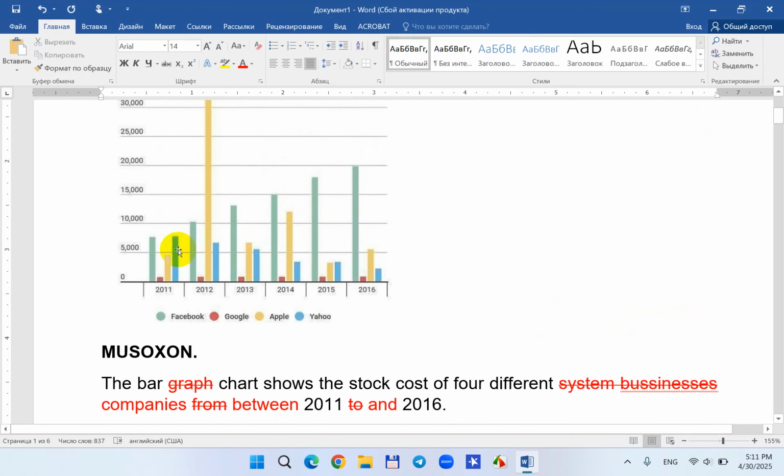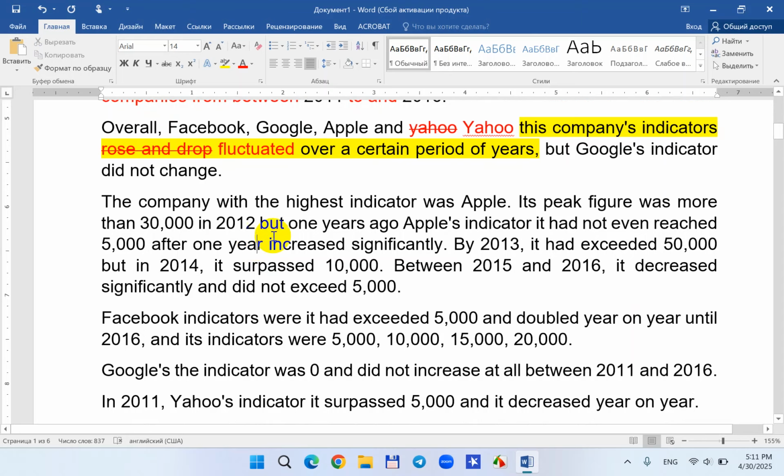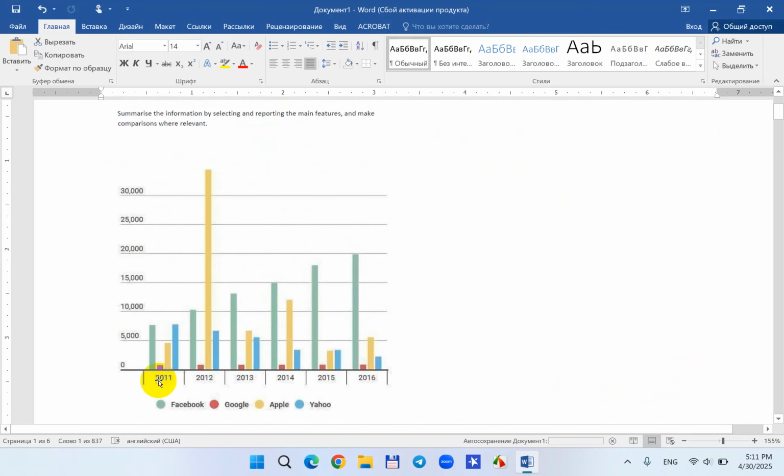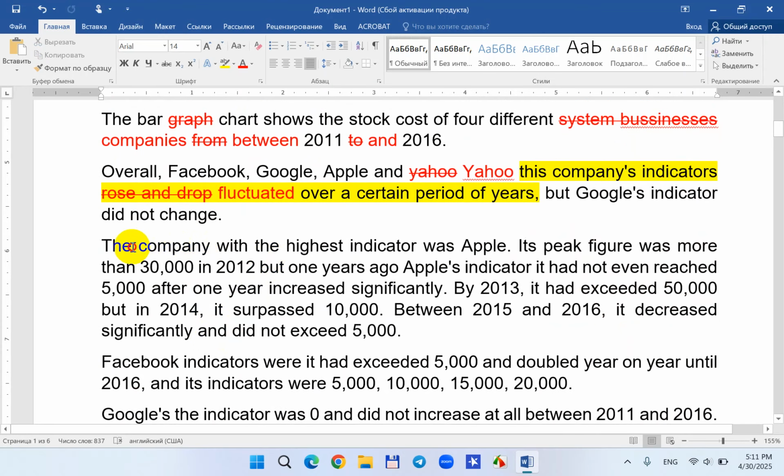Pay attention. You should start with 5,000, not this one. Like, do not start with 2012. You have to start with 2011 from the very beginning. "This indicator, it had not even reached." So you should write this sentence from the beginning because it is full of grammar mistakes and punctuation, and the approach is completely wrong.